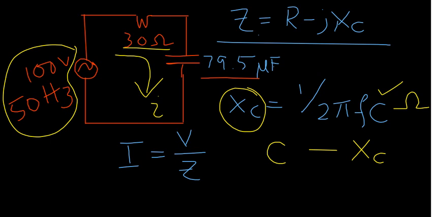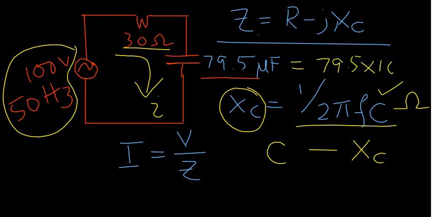So now you have also seen earlier that capacitive reactance is given by Xc equals 1 divided by 2 pi Fc, as I have already written here. So now in this problem, the value of capacitance is known to us, that is 79.5 microfarad, which is also 79.5 into 10 to the power of minus 6.